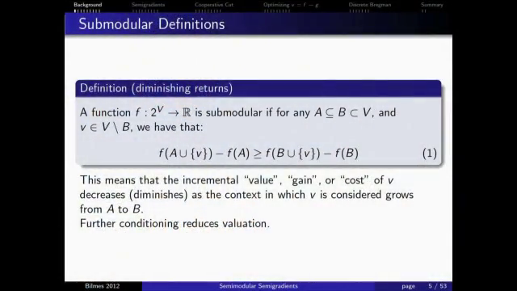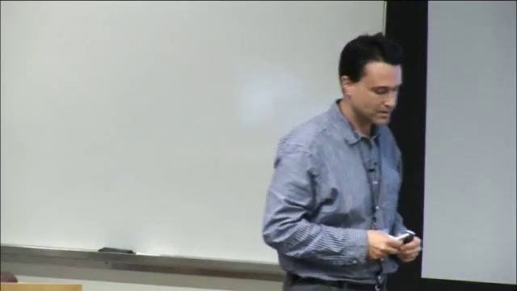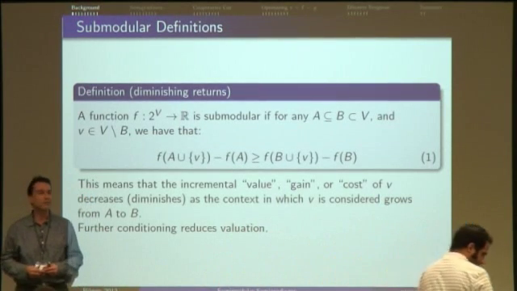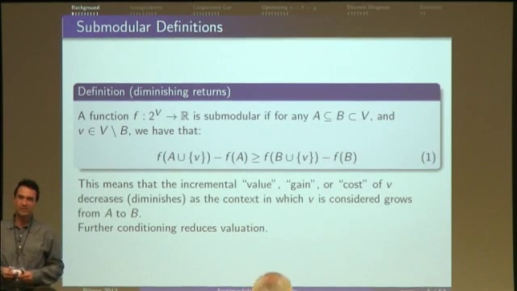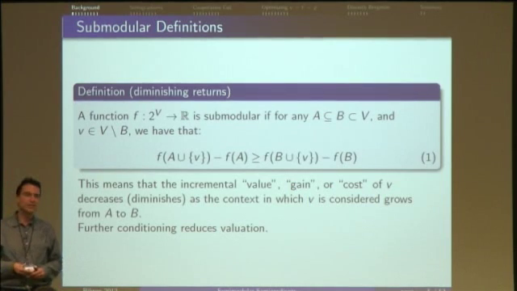So, some background. Submodular functions are discrete functions on subsets of some underlying ground set V. Basically, they have the property of diminishing returns. If you think of a submodular function as something that offers a value to a set, and you're thinking about adding a new item to the set, the change in value, or the gain of that new item, diminishes as the context in which you're considering it grows.